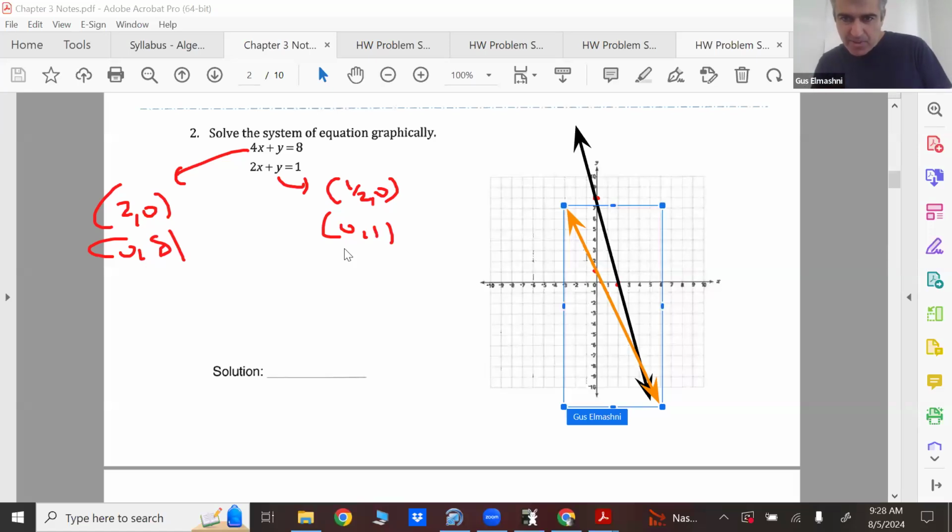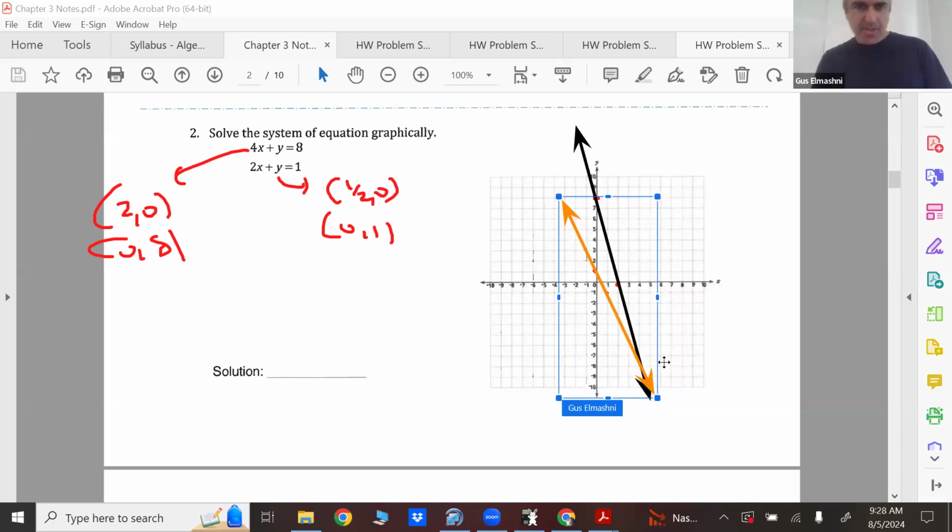I clearly didn't do this very well. Sheesh. Yeah, I really didn't do this very well. You can see why this is not a good technique. This is actually a crappy technique. I'm pretty sure the answer is 3.5 comma -6.